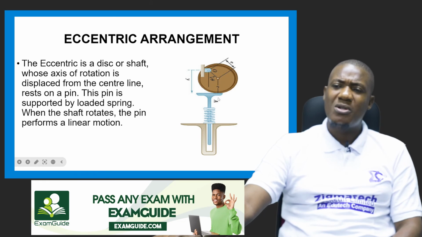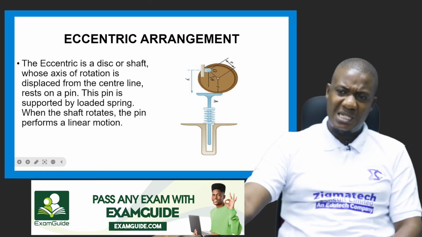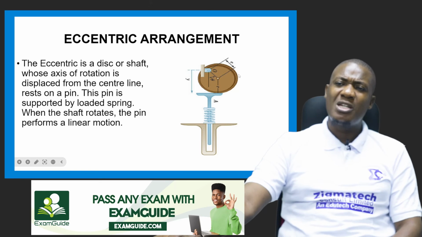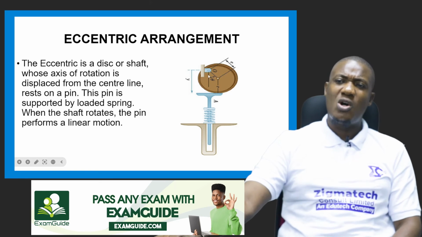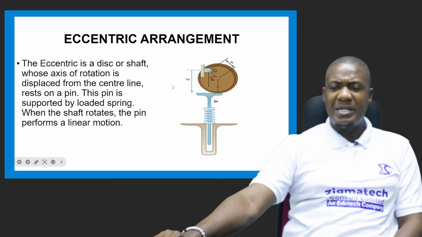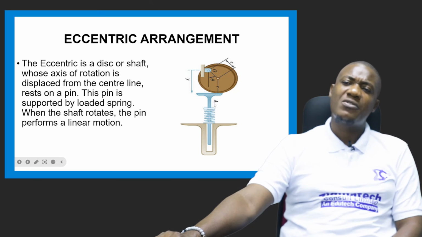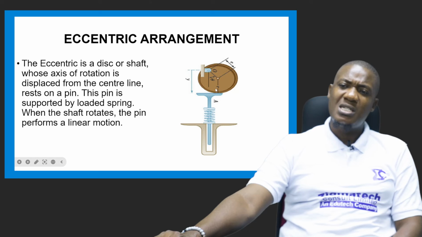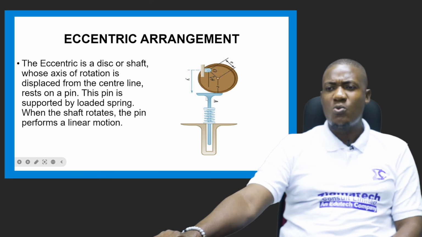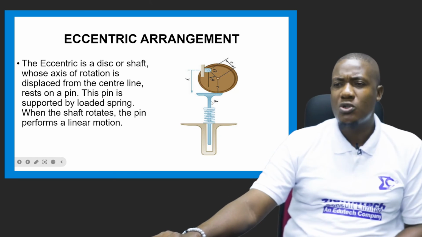As it moves on this pin, the pin which is on a spring presses down. The other rotation causes the pin to go up. So this movement of the shaft causes this pin to move up and down, which is a linear motion.